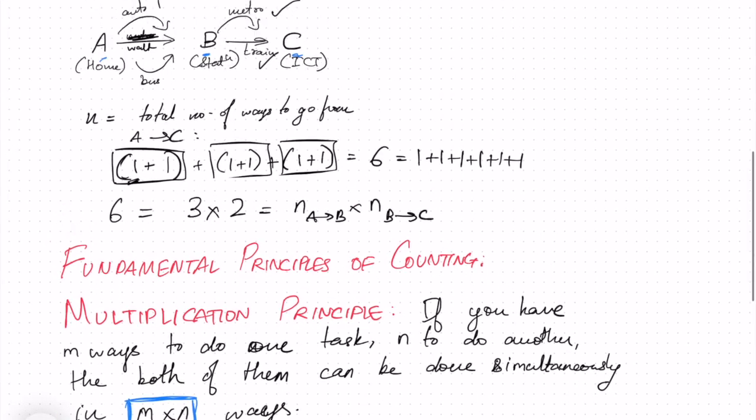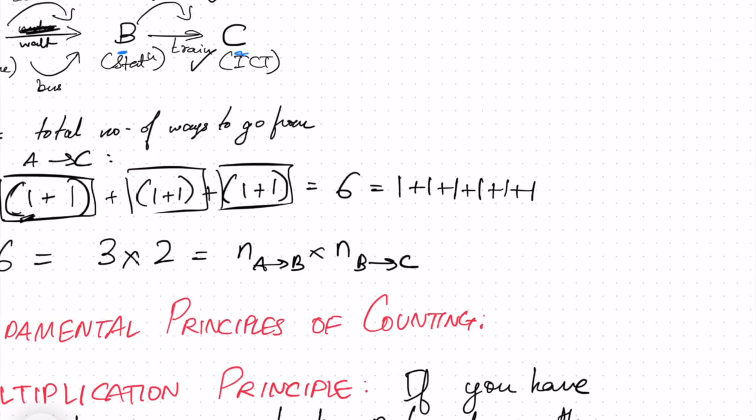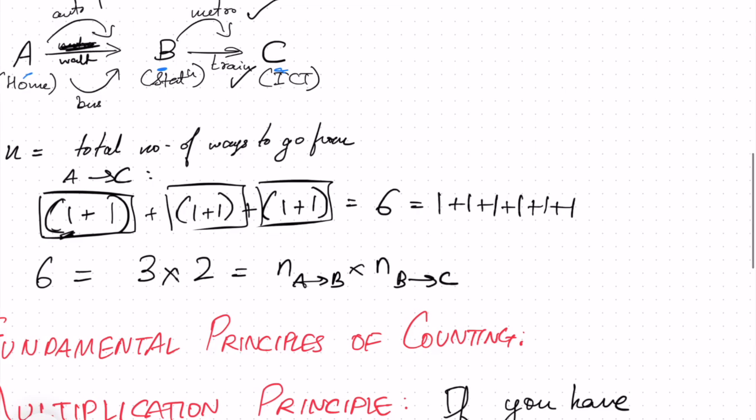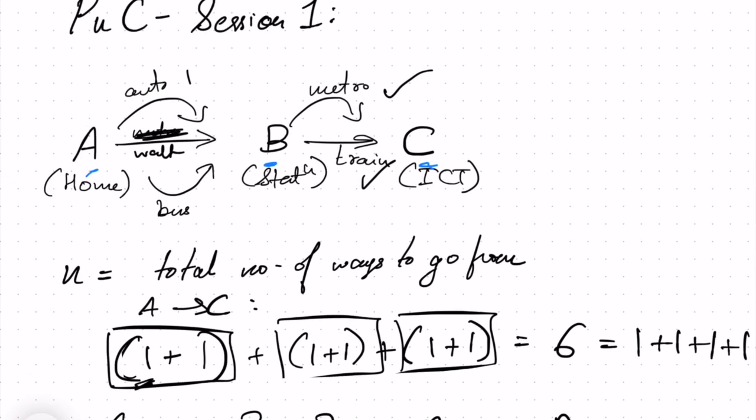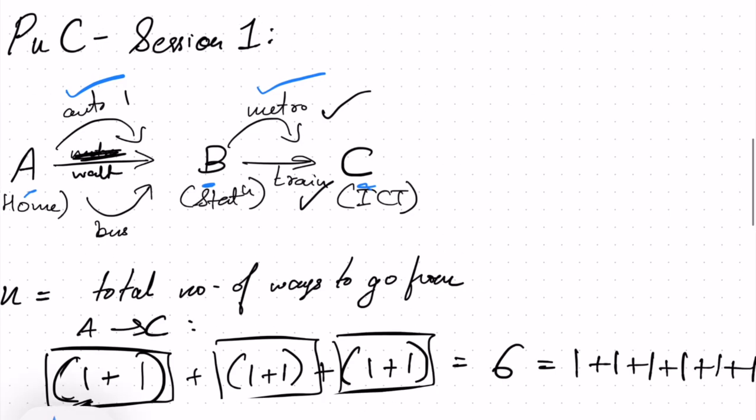And if you look at our example, you can understand this, because we can only go from A to B and B to C in specific ways, right? So if I take this route, this and this, I cannot take any other route simultaneously. So it's either the following routes.